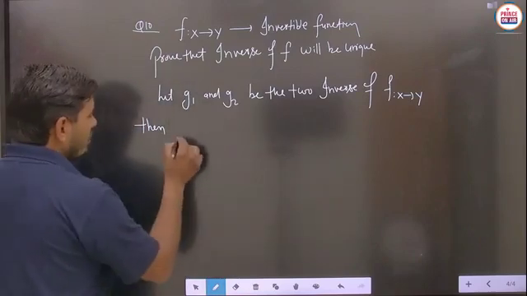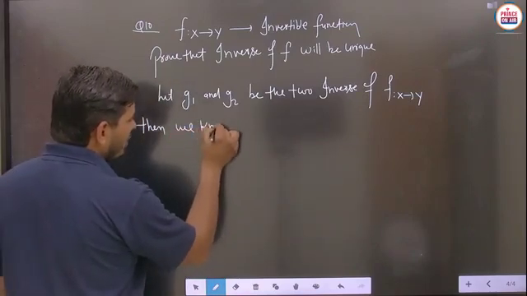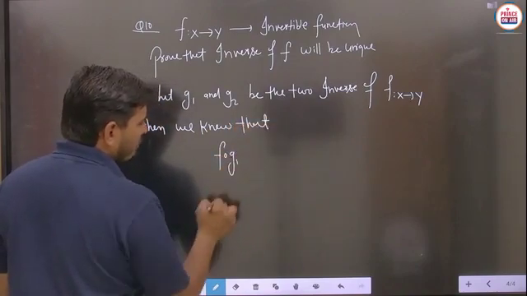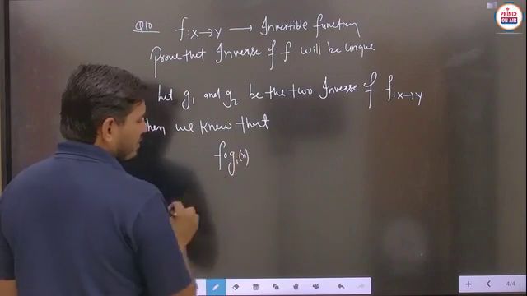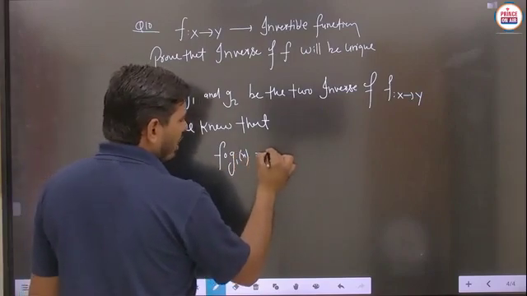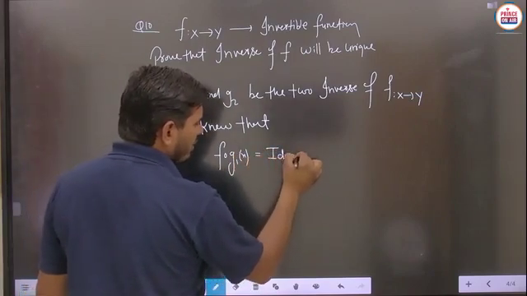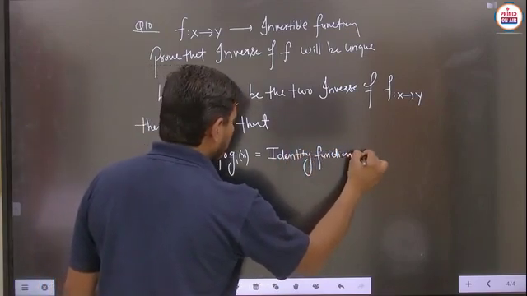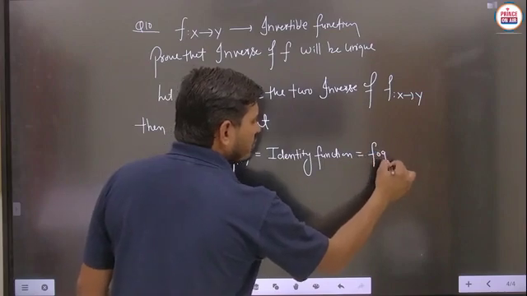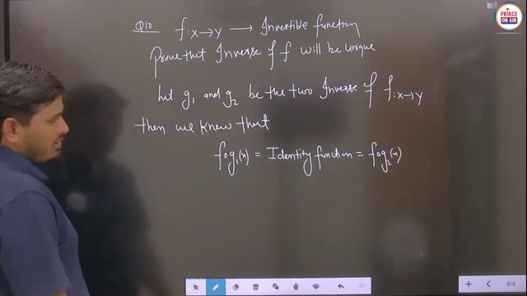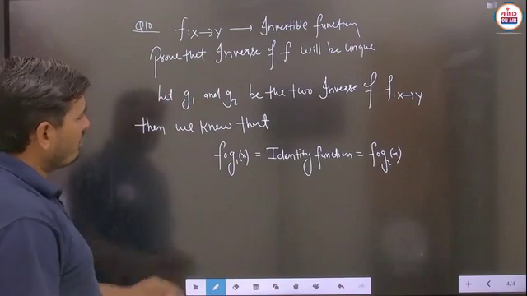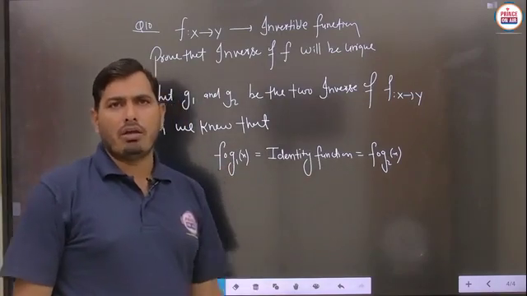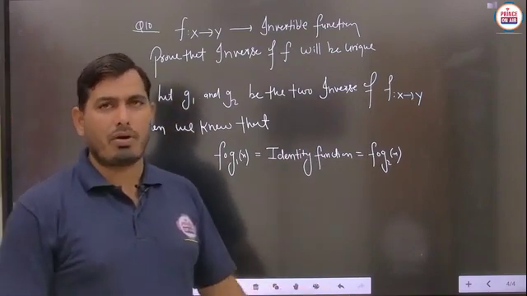So then we know that f of g1 of x equals the identity function, and this will also equal f of g2 of x, because in the case of inverse, if there are two inverse we are declaring for the given function f, then fog and gof both are equal to the identity function x or y, no problem. Is it clear?